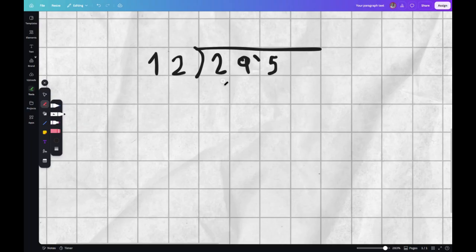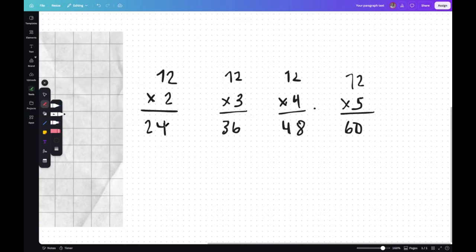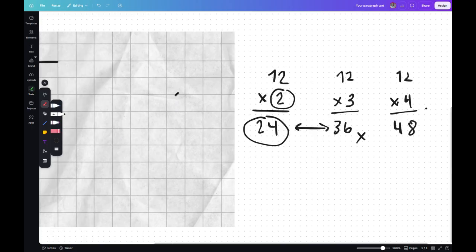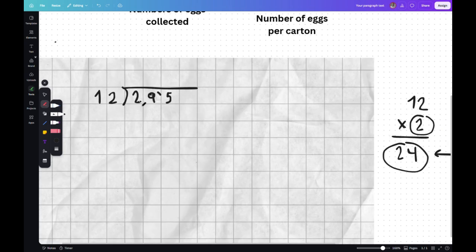Now I'm going to check my multiplications here, and I can see that 29 is going to be between 24 and 36, but I cannot take this one because it's greater than 29, so it's good for me to start with 24. This is going to be the result I'm taking. The number 2, which is the number of times I multiply in 12, has to be above the 9.